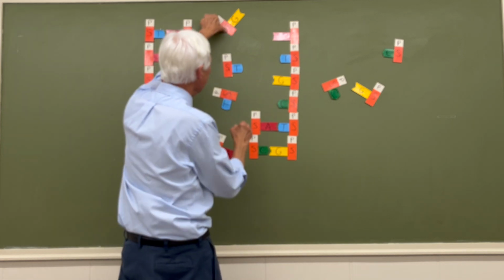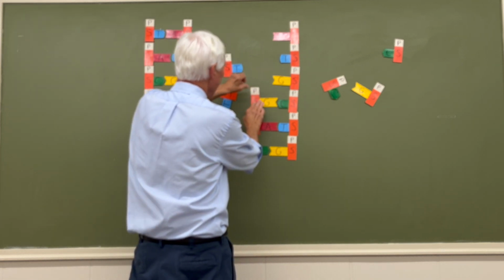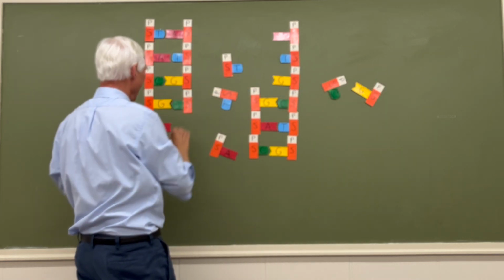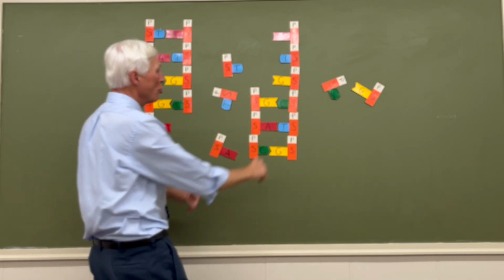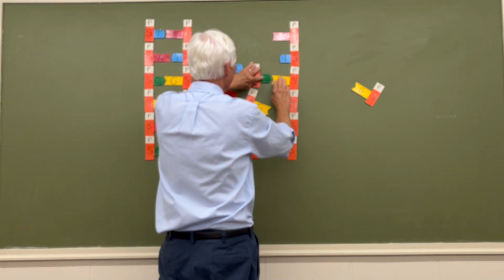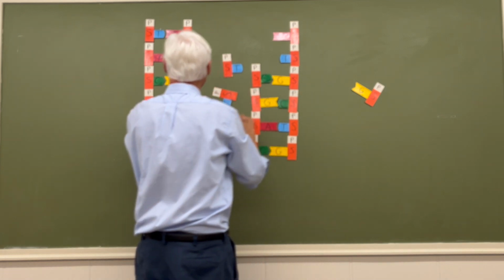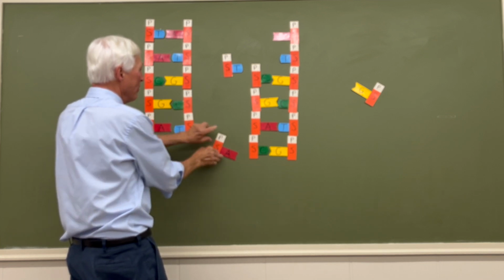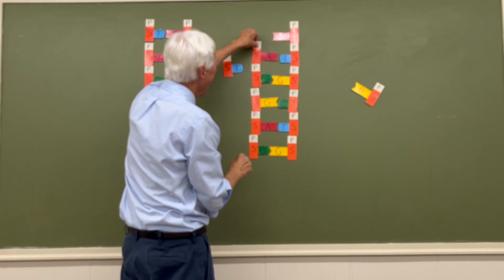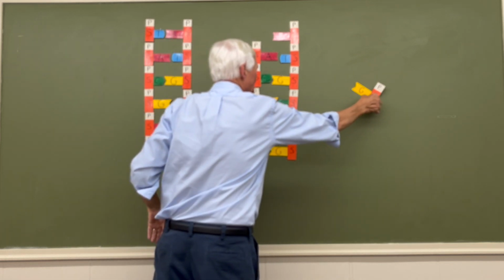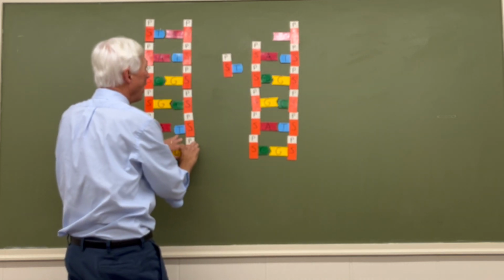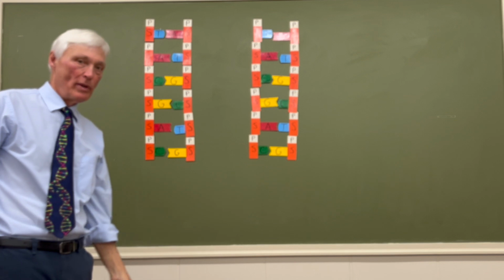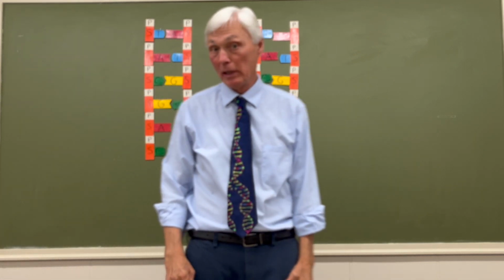And this G might be attracted to this C, and this C to this G, and this C to this G, and maybe this T to this A, maybe this A to this T, maybe this G to this C, maybe this T to this A. All right, we've just witnessed DNA replication.